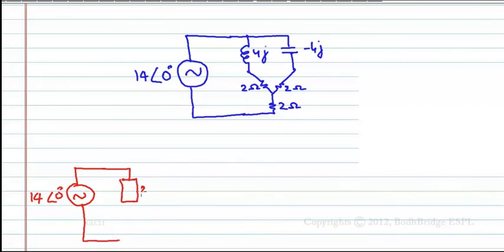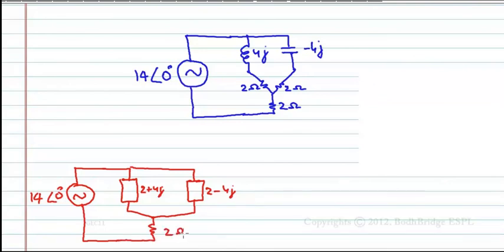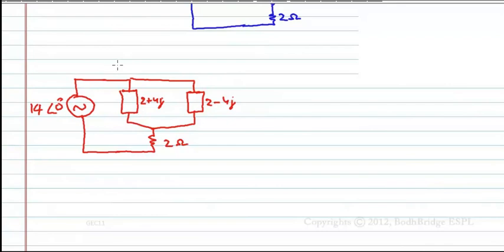First part is 2 plus 4J. And this one is also in series, therefore this is 2 minus 4J. These both are parallel to each other, and the 2 ohm is in series with this combination. We shall simplify this part.